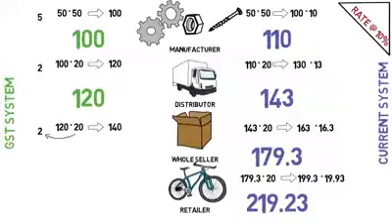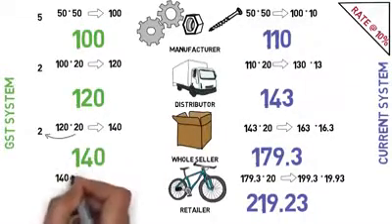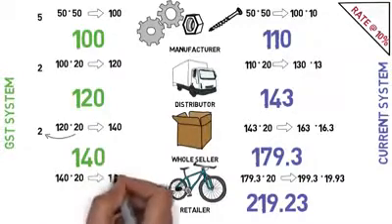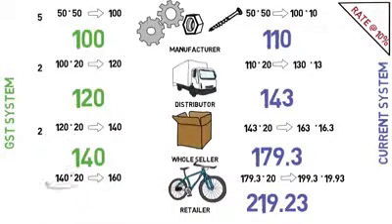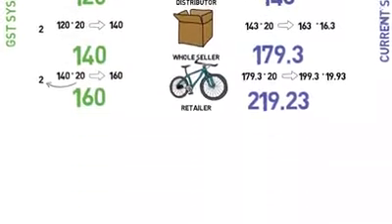The retailer buys the product for 140 rupees, adds a profit of 20 rupees, pays a tax of 2 rupees on his profit of 20 rupees, and raises the final consumer price to 160 rupees. So, if the prices are compared, the product is 59.23 rupees cheaper in the GST system than in the current system. Let's take GST in detail.